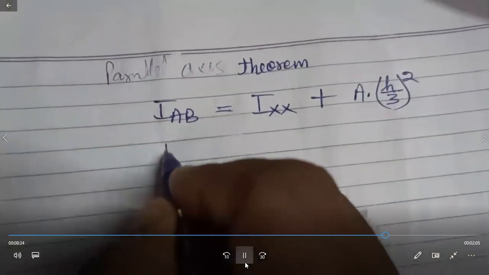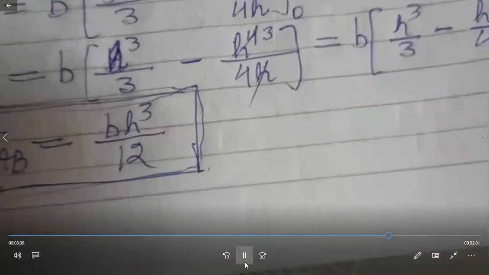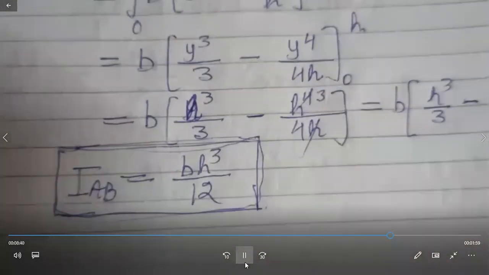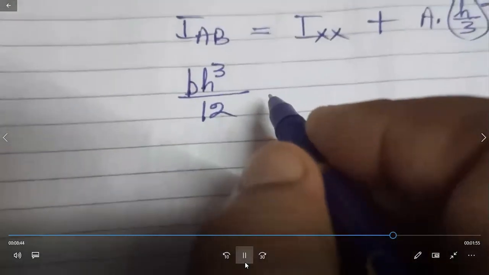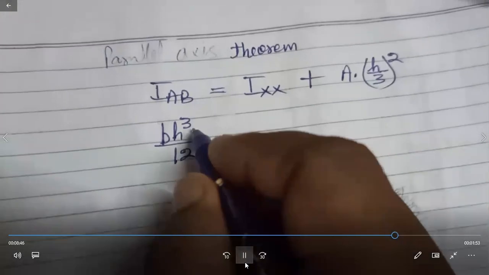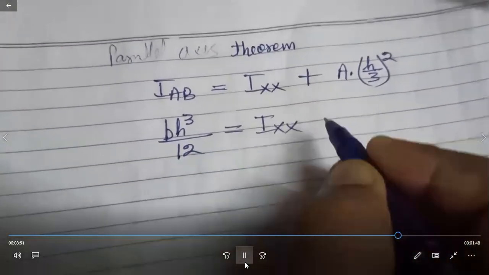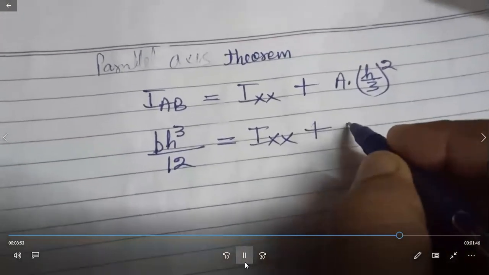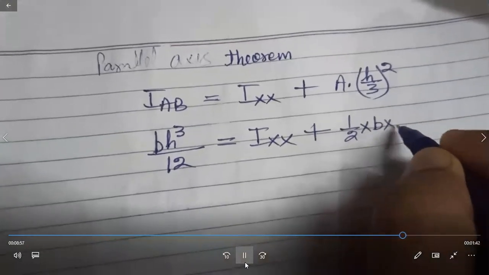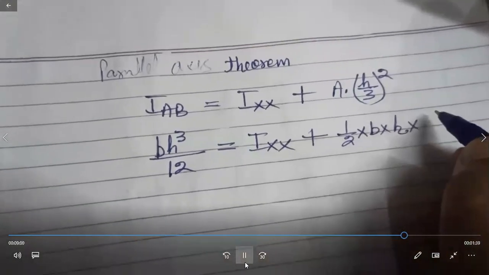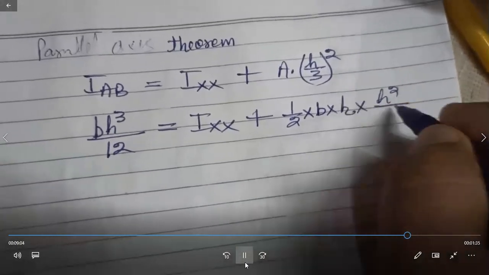So this IAB is b h cube by 12, as we have found earlier. So on putting the value, b h cube by 12 is equal to IXX plus area of the triangle, 1 by 2 into base into height, and into the square of this, h square by 9.